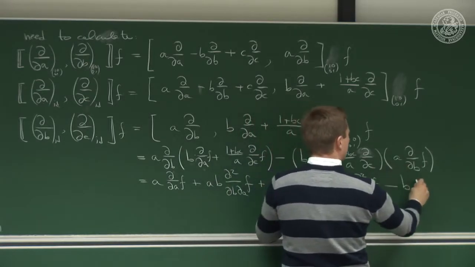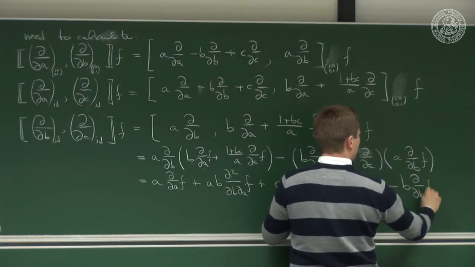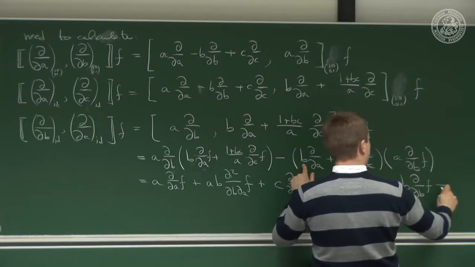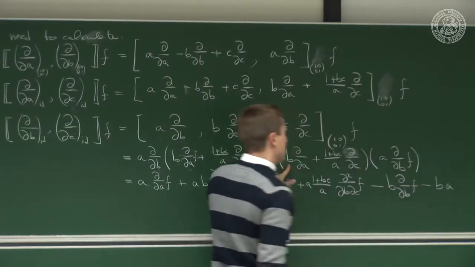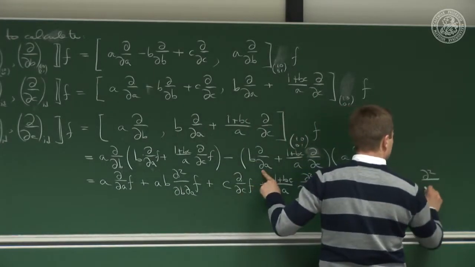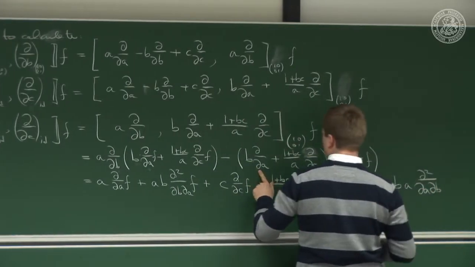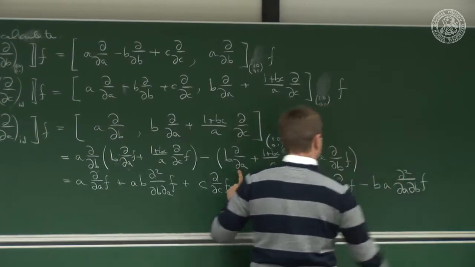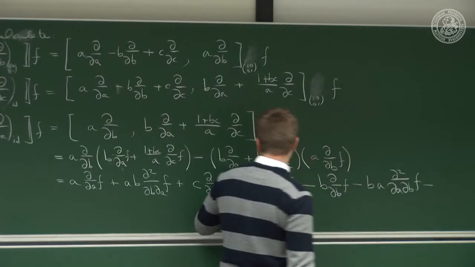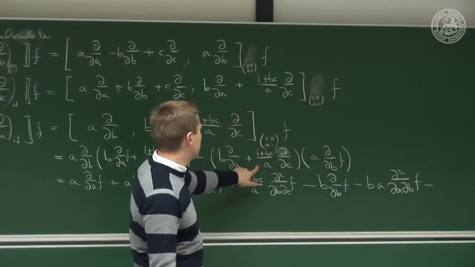D by dA is 1, so you get d by db f, but the product rule instructs you to have minus ba second derivative d by dA d by db on the function f, and then the final term here minus the derivative of c.